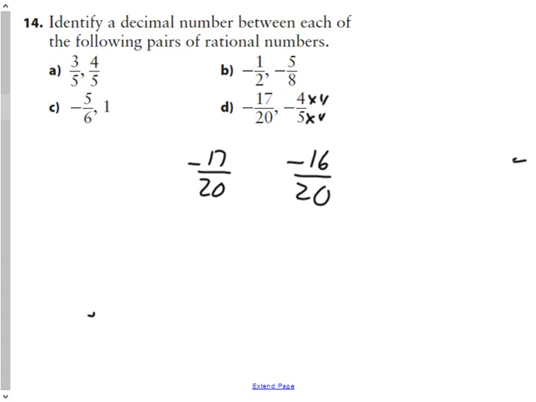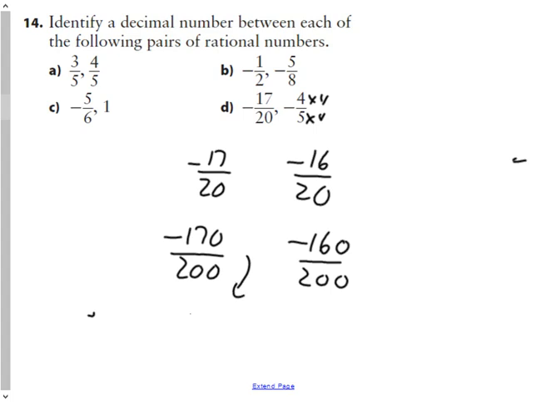So again, given the fact that -17/20 and -16/20 are too close in proximity to allow for a fraction to go between them, what we can do is change them to equivalent fractions. In this case, I'm just going to multiply by 10. And I'm going to look at them again and see if I can identify a fraction in between there. Of course I can. I can see anywhere from -161 over 200 all the way up to -169 over 200.